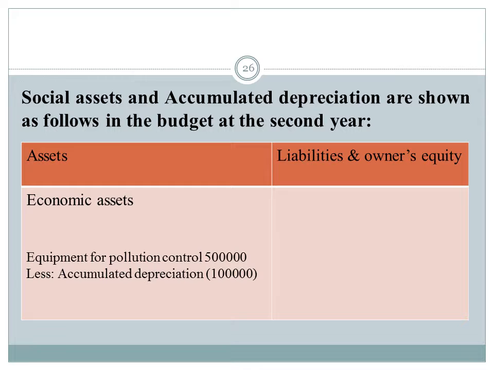In the third year, the amount of the asset will be the same, but accumulated depreciation will be 150,000. In the fourth year, accumulated depreciation will be 200,000, and so on.